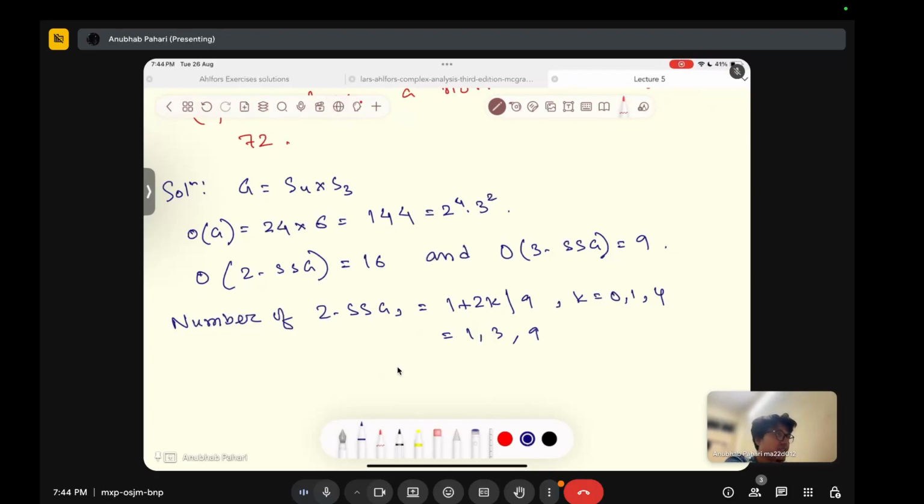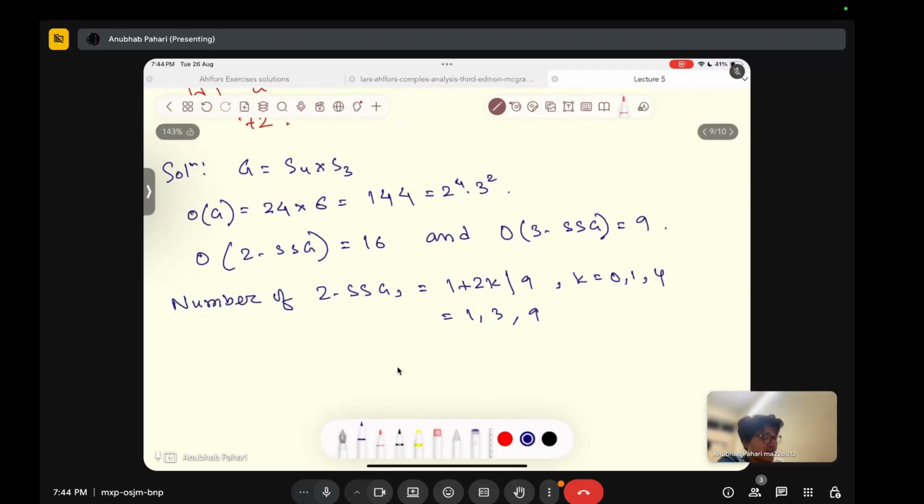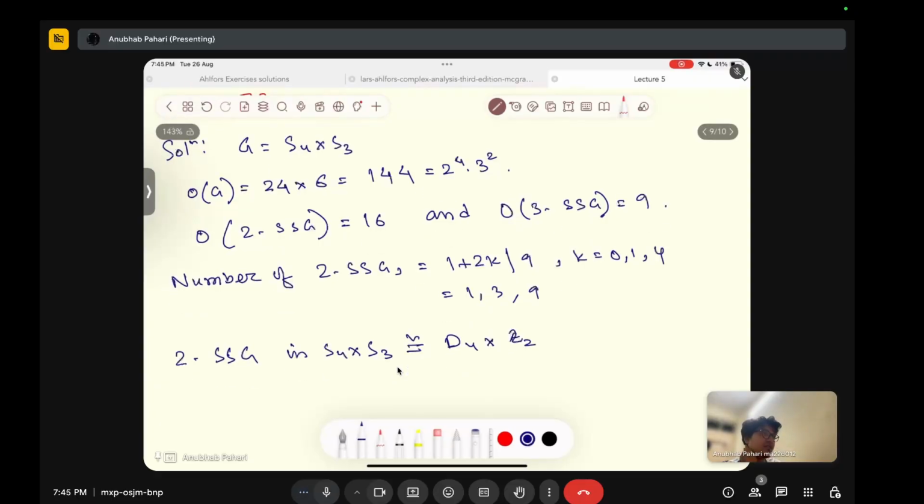Actually this is a little difficult at this point for me too, because the solution says that the 2-Sylow subgroups in S4 cross S3 are of the form D4 cross Z2.